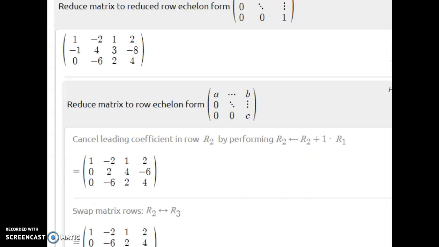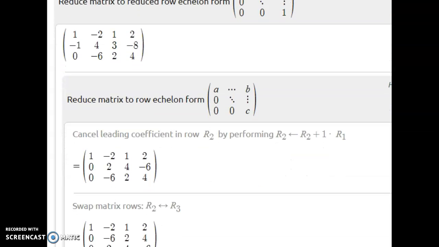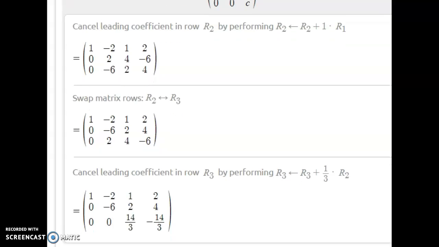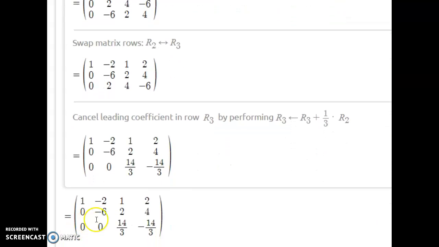And again, when you show steps, then it would say, okay, you simply add the second row to the first row, and you have 1 plus -1 is the 0 right here, and then you add the y's and the z's and the numbers on the other side, and so on. And that's eventually how you're going to come up with this one here. That's the Gaussian elimination. And you can see right away that the z is simply going to be -1 because you divide -14/3 by 14/3, and you get -1.